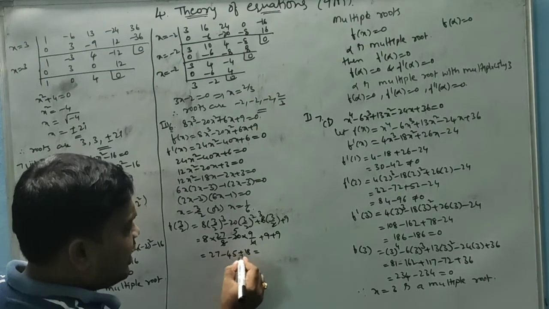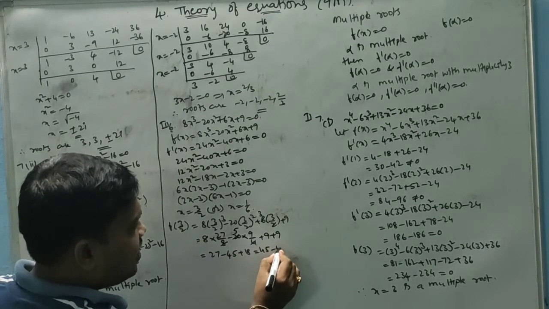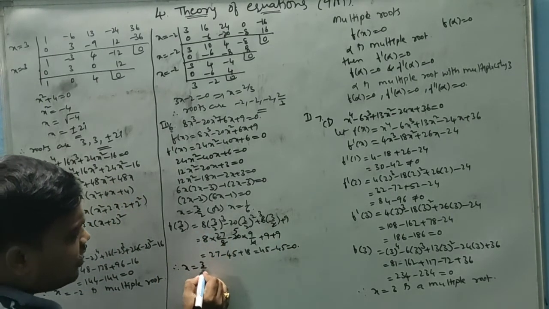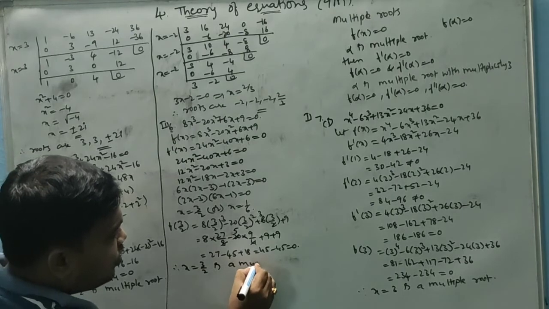So 18 plus 27 is 45, minus 45 equals 0. Therefore x = 3/2 is a multiple root.